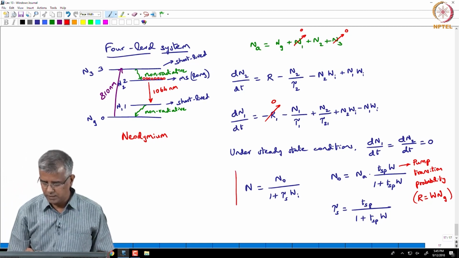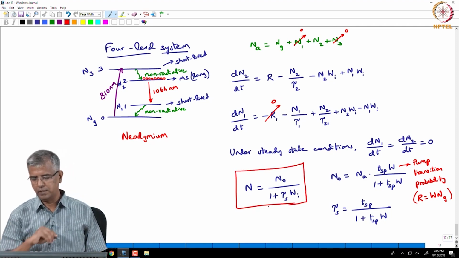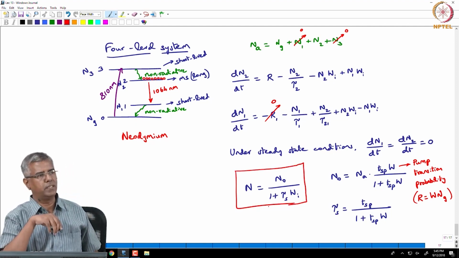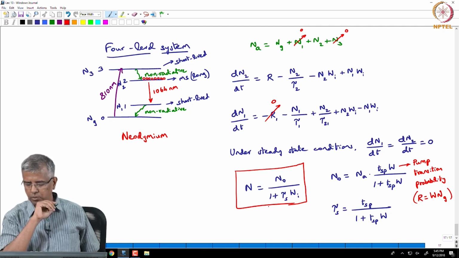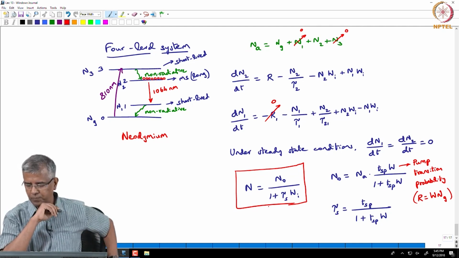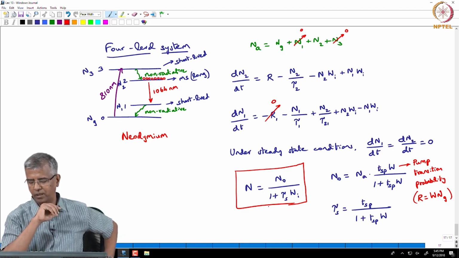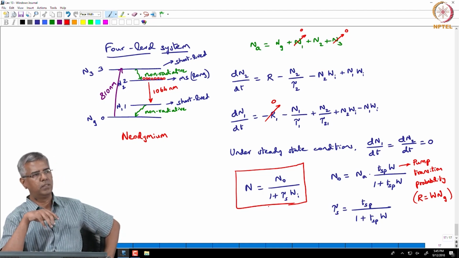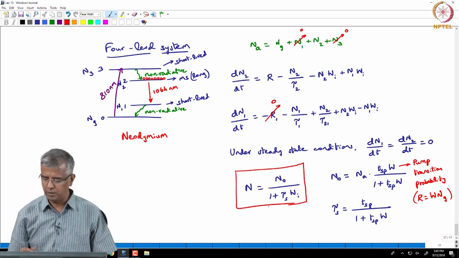But once again, what we are saying is the 4 level system also has this gain saturation, and to get a relatively simpler peek at what this gain saturation is dependent on, take a specific case.